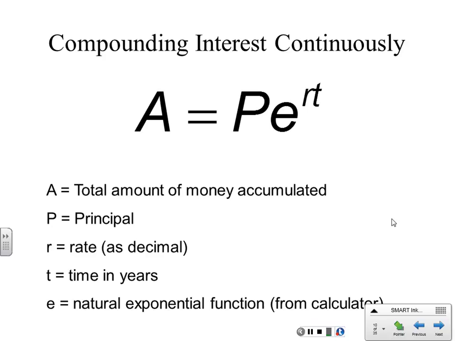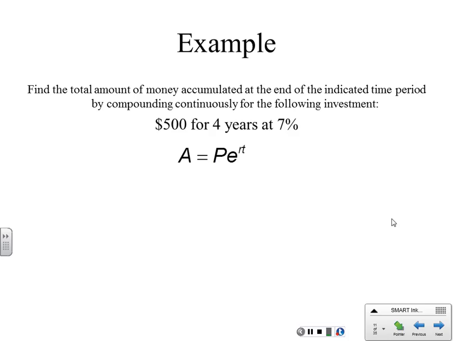So A is still your accumulation, P is still your principal, R is still your rate, and T is still your time. E, however, takes the place of n this time, because we're going exponentially. So here we have it. Find the total amount of money accumulated at the end of the indicated time period by compounding continuously, and that is the key here. Compounding continuously lets you know that you are using the E formula.